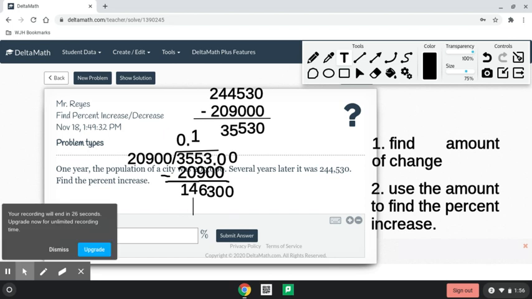Looks like it'll go in just about 7 times. And I'll just have you take my word for that. A lot of quick math in my head. We're going 7 times pretty much exactly. And that gives us 0.17 as the answer, or 17% increase.